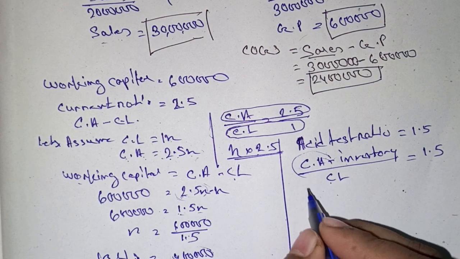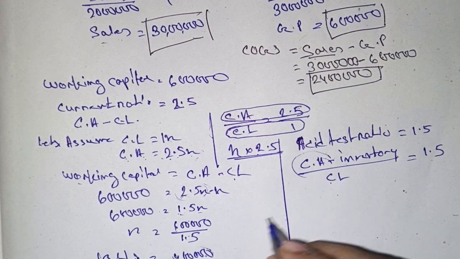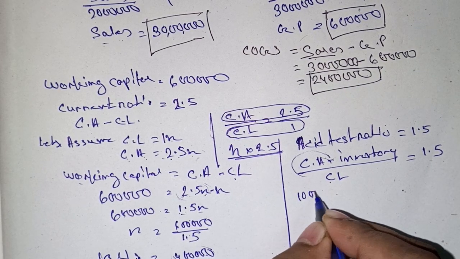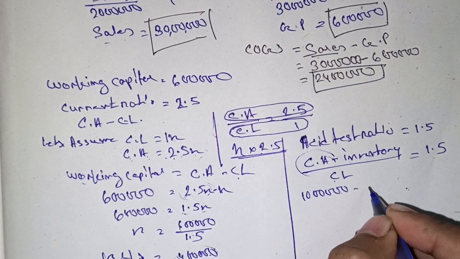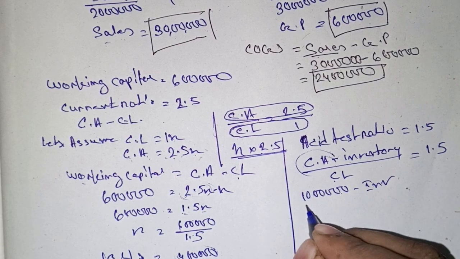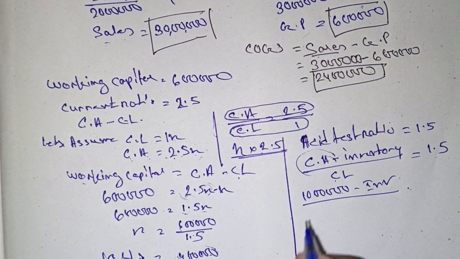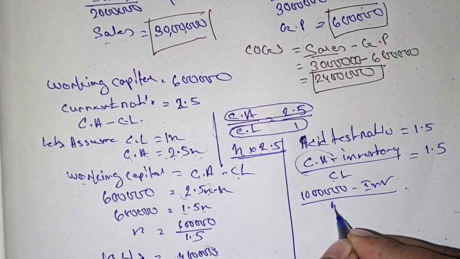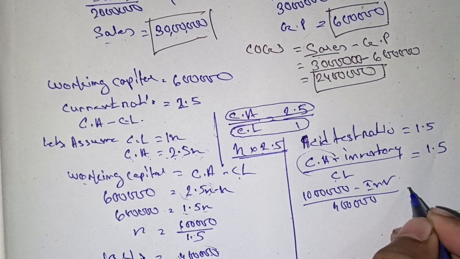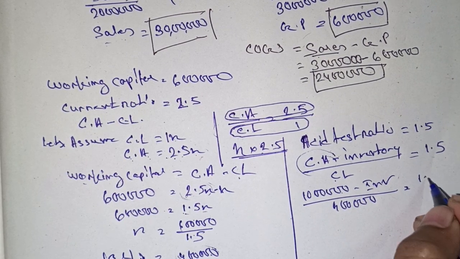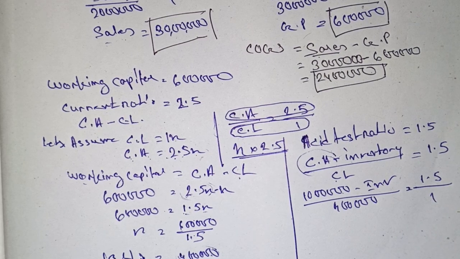Okay, so write it here. Current asset means 10 lakhs, inventory is missing, and current liability will be 4 lakhs, equal to 1.5 by 1.